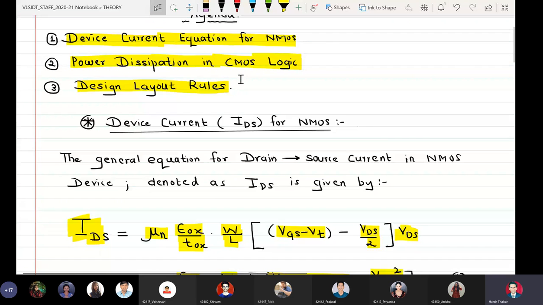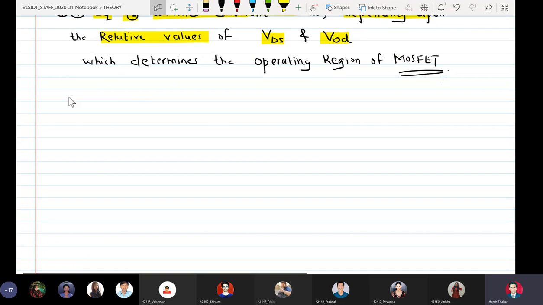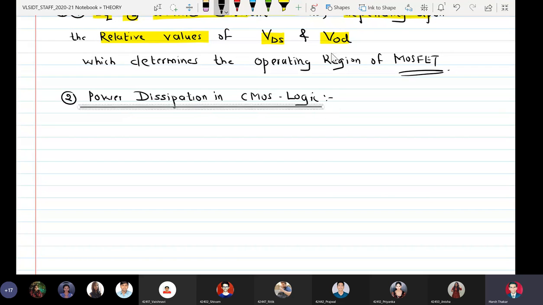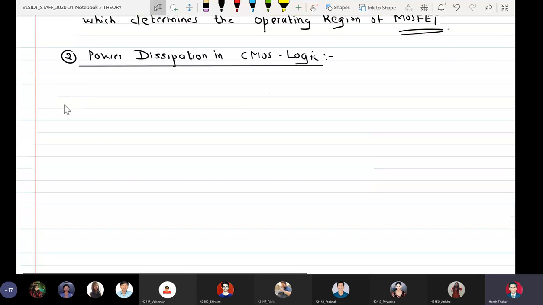Okay, now we come to the second topic, power dissipation in CMOS logic. There are some important observations which you must have done, because already you have studied different circuits and different systems right from second year of engineering.